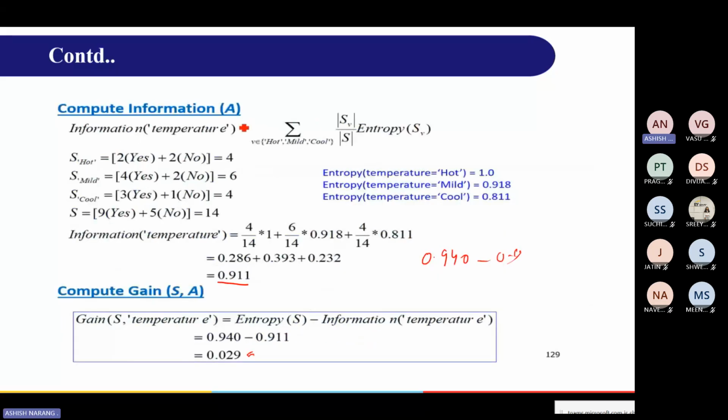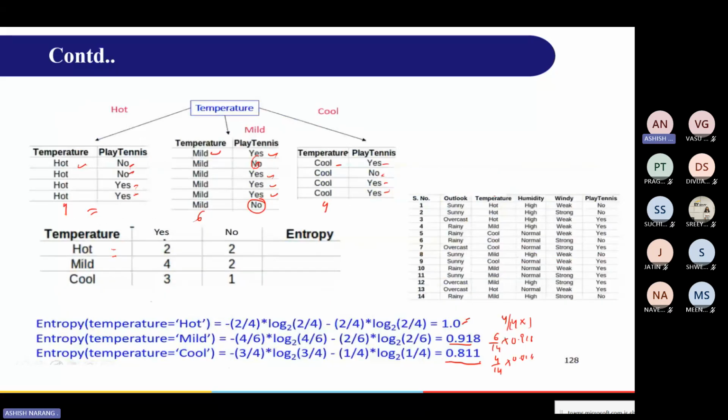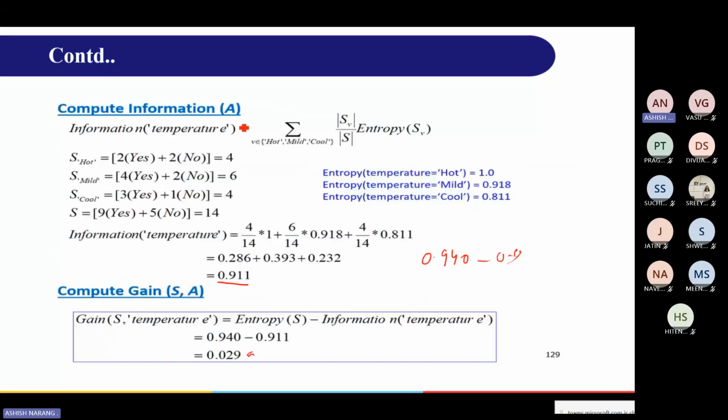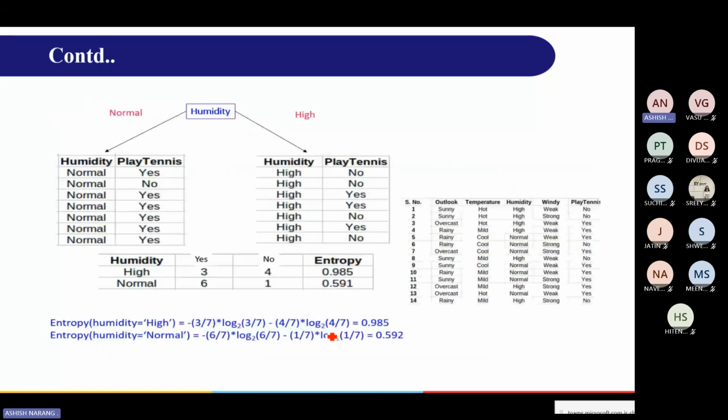See, we are doing a lot of calculations with temperature, but information gain I am calculating. The gain will be highest for the attribute reducing more entropy, more randomness. Reduction in more randomness means high information gain. So 0.247 is greater than 0.029, meaning that picking outlook will be better than picking temperature. Similarly, we can do it for humidity as well.